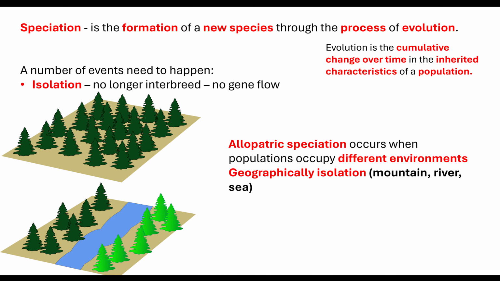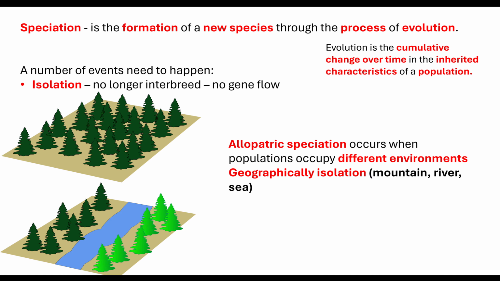Allopatric speciation is the name that we give to speciation that occurs when populations occupy different environments. They have been geographically isolated. They are geographically isolated because there may be a mountain range in between. It could be a river, it could be sea, it could be something which has caused them to be geographically isolated.